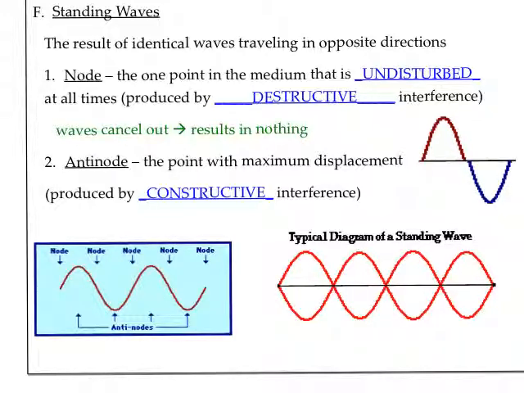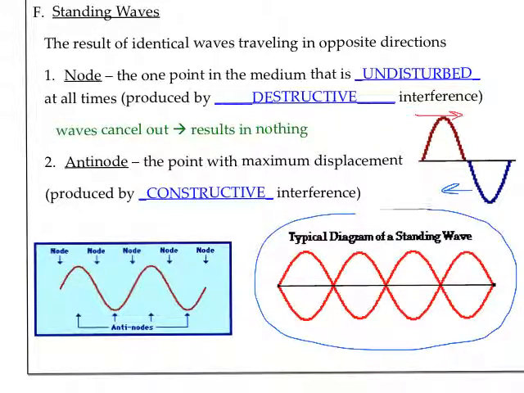So for example, I have this red wave. It's going to be traveling in that direction, and my blue wave would be traveling in the opposite direction. Well, if I keep sending those pulses down, so if I create a wave train for both of those, what it's going to look like is you'll get a wave that looks almost as though it's still, and it'll look as though these little spots in between create a blur to your eye because they're moving so fast up and down.